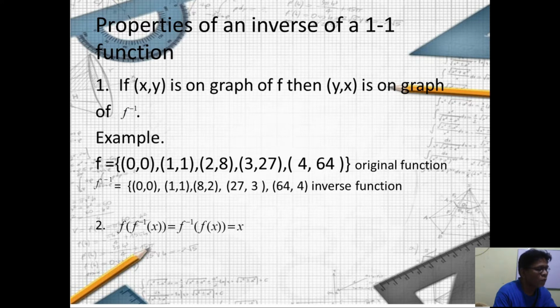Okay, number 2, f composed with f inverse of x is equal to f inverse composed with f of x, and that equals x.